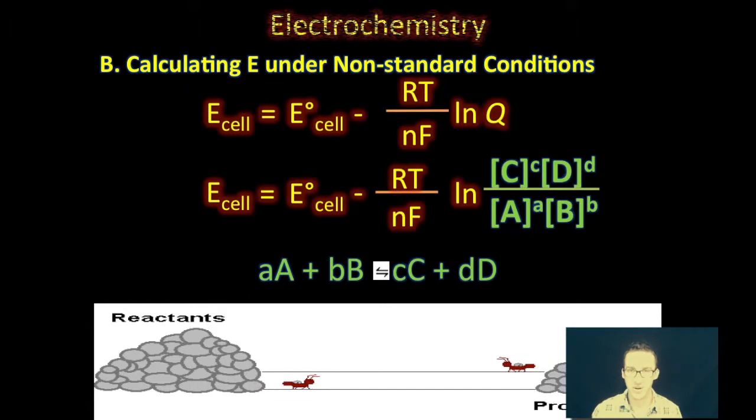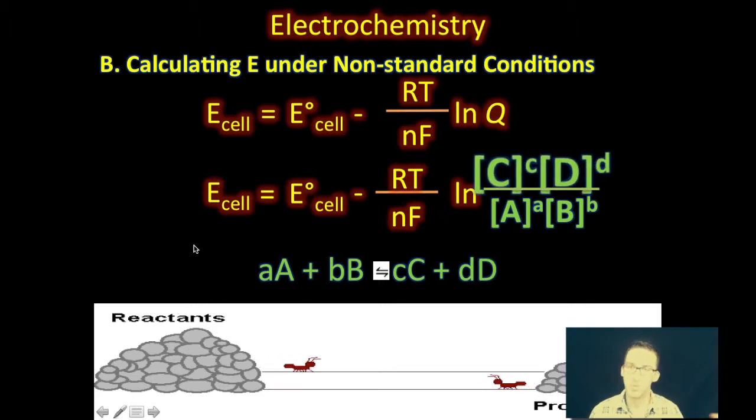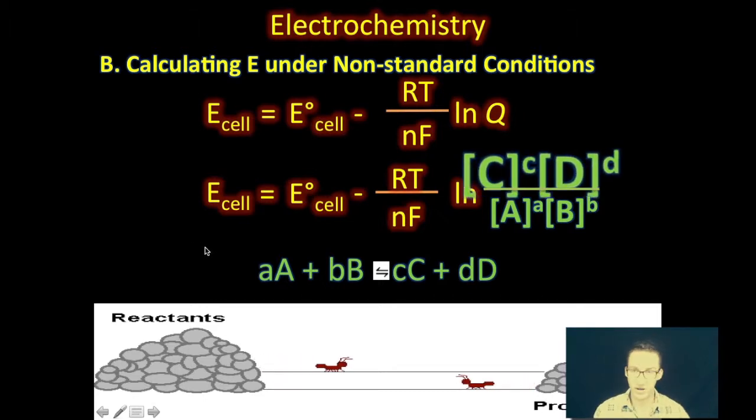Again, as you're trying to make sense of this equation, I've just replaced the reaction quotient Q with its expression, your product concentrations over your reactant concentrations. As you think about a reaction proceeding and forming more product, your concentration of products is going to increase.